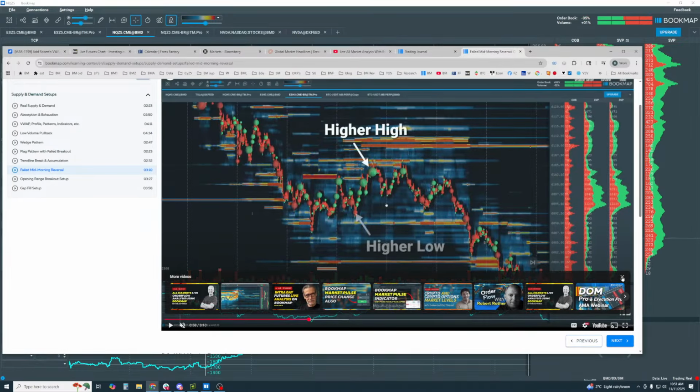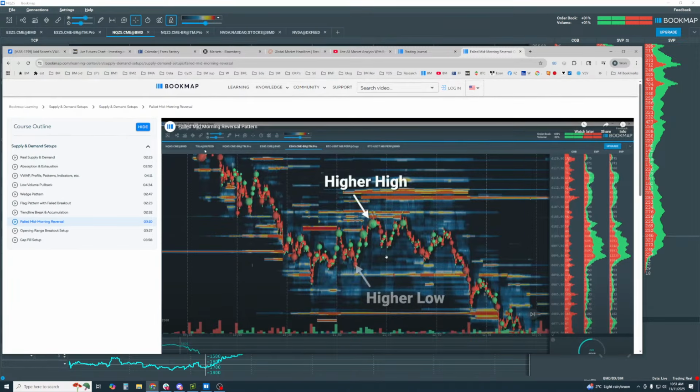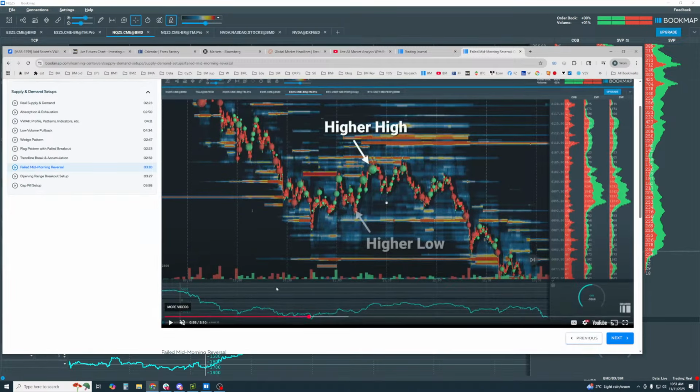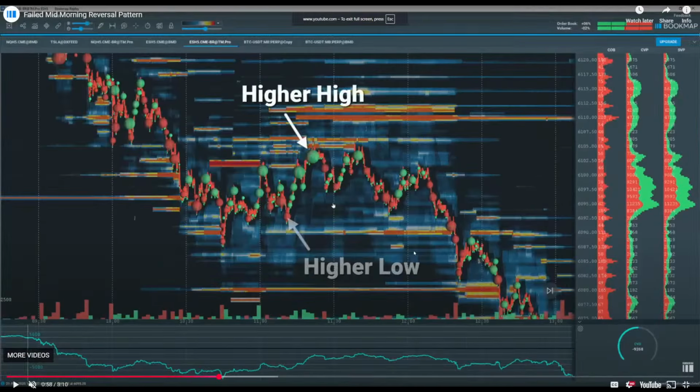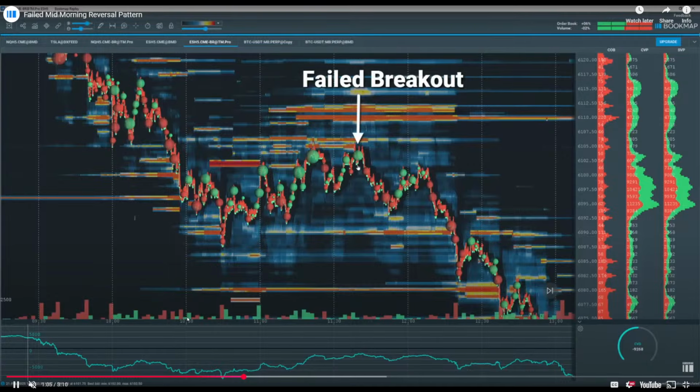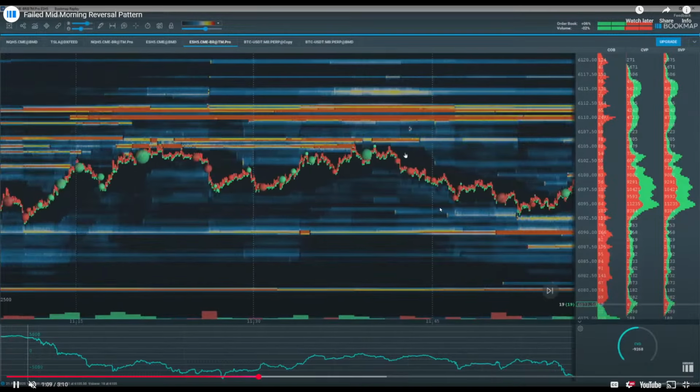So what we have here is our impulse move to the downside. Okay, if I can look at this, here's 9:30 cash open. Boom! Look at the move to the downside, right? And then we see all of this chop from 10:30 to, well, about 12:15 or so.